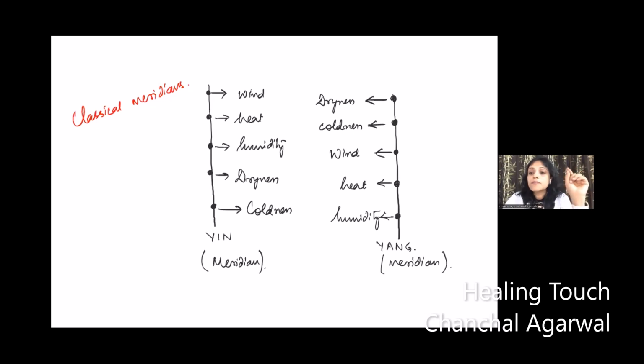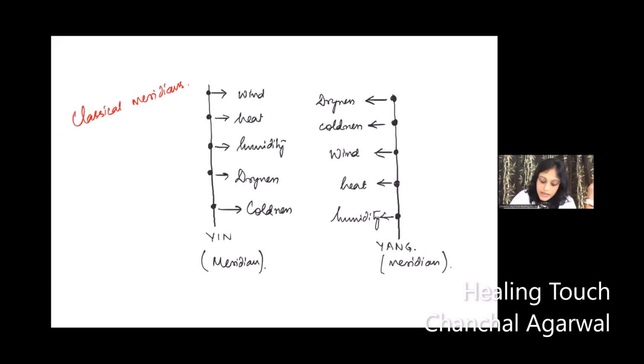The same meridians have been plotted on the palm for our convenience by Professor Park Jae-woo. He said we can plot these meridians of the whole body on the palm or on the feet also, because points may not be reachable. You may not apply points all over the body, so you need some correspondence on a smaller area where we can apply points.